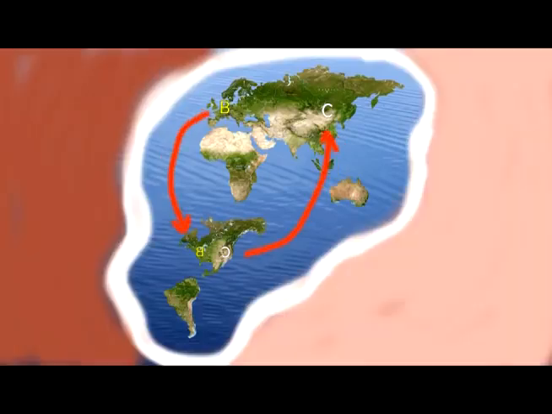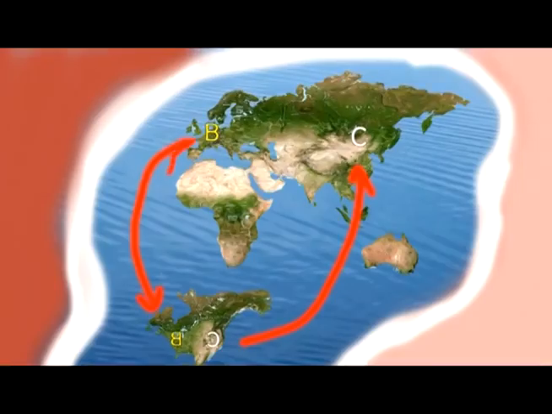This system is surrounded by an ice wall. So now you sail east from Europe to India. But Columbus said, what if we would sail west? Well, a little child would know you would hit the ice wall. But not Columbus.